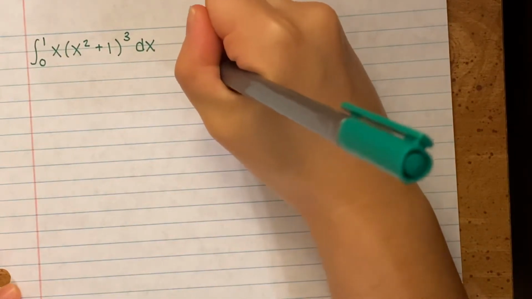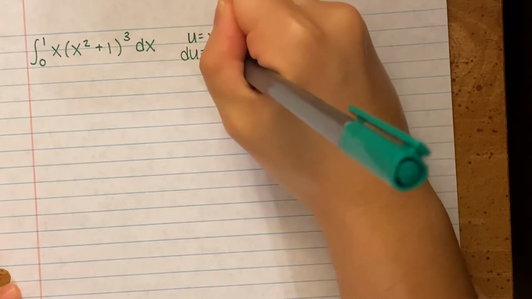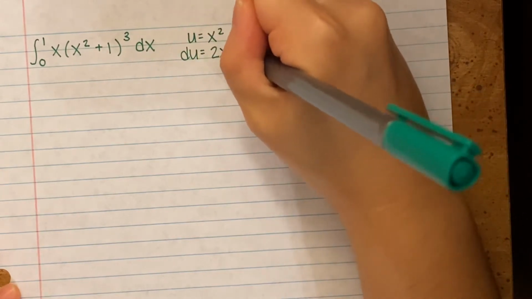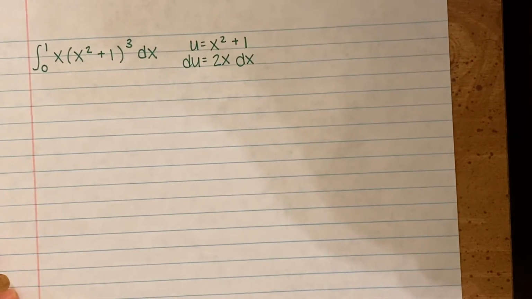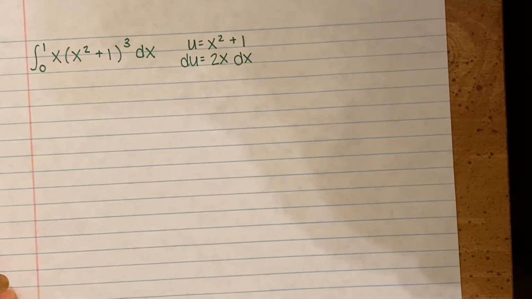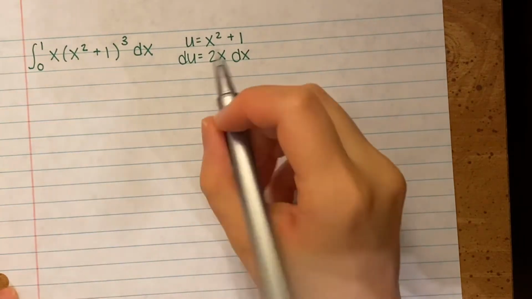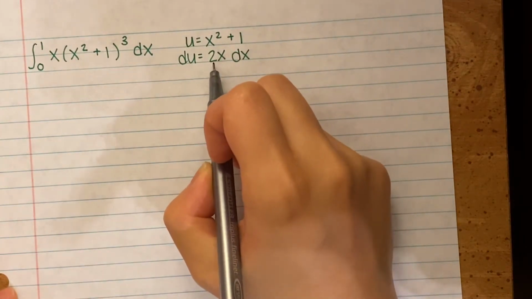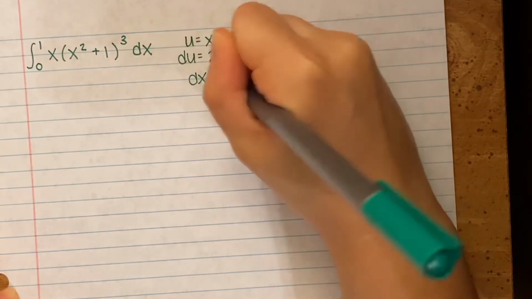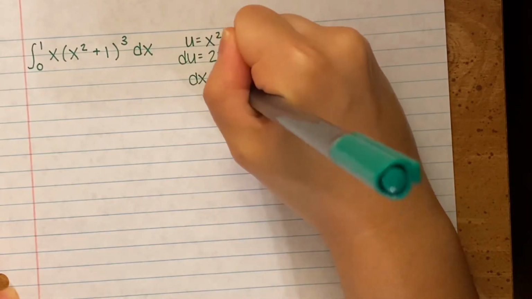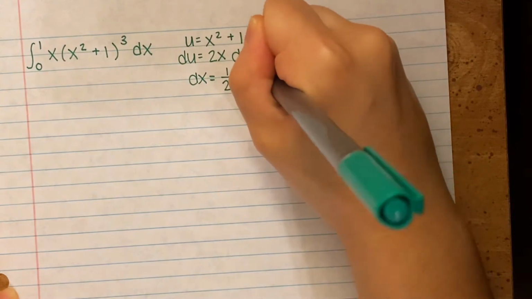So du is equal to 2x dx. And then we want to get dx by itself. We want to solve for dx. So to do that, we're going to divide both sides by 2x, and we end up with dx equal to 1 over 2x du.